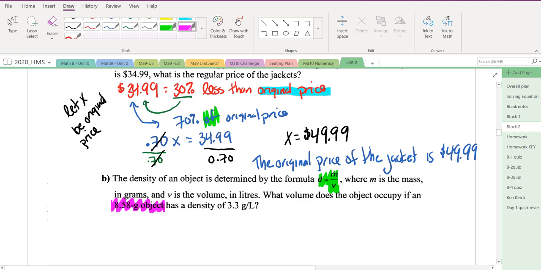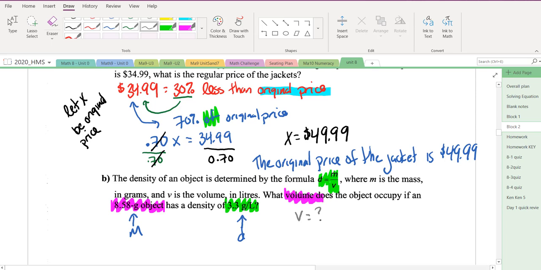What letter is that referring to in the equation? Yes? M. M, that's your mass. So we'll just highlight that. All right. And it has a density of this, 3.3 grams per liter. What would that refer to? What letter? Yes, Theo? The D. The D. And when it said what volume, they're asking us to find V.